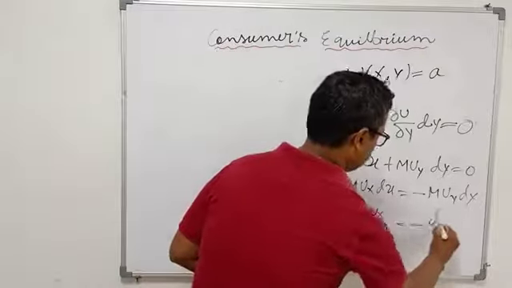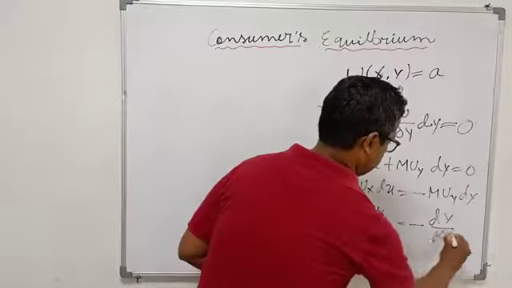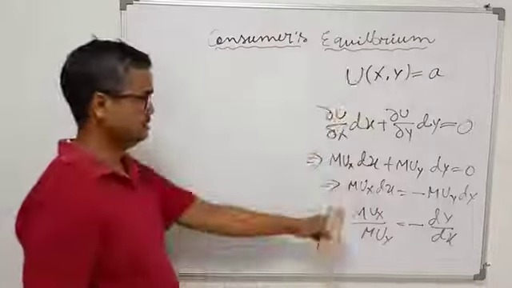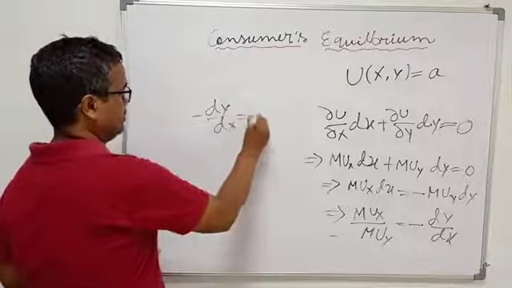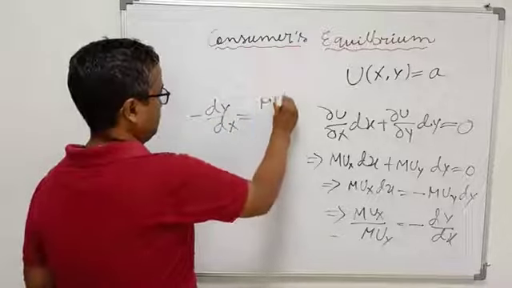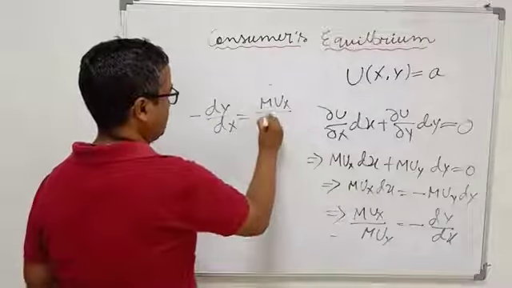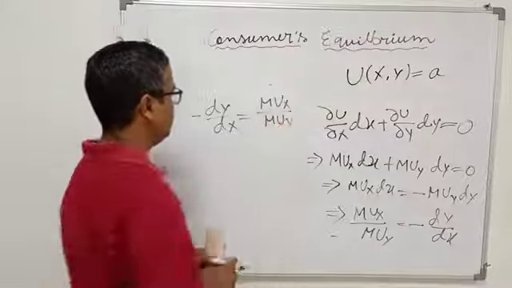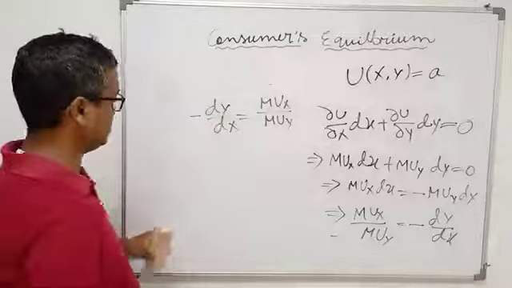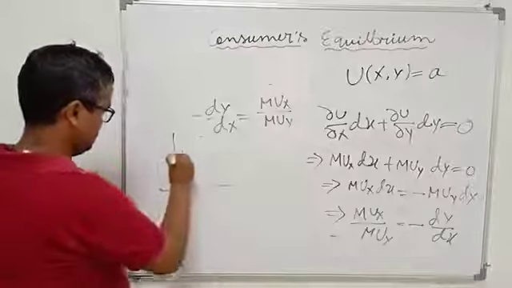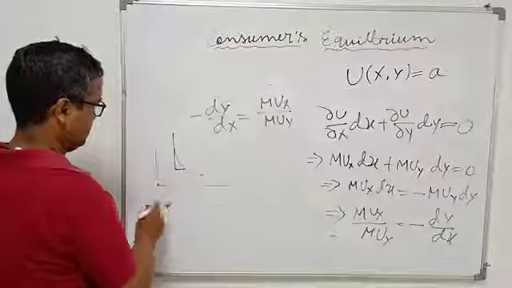And what does it mean? We can write dy by dx equals marginal utility of X by marginal utility of Y.